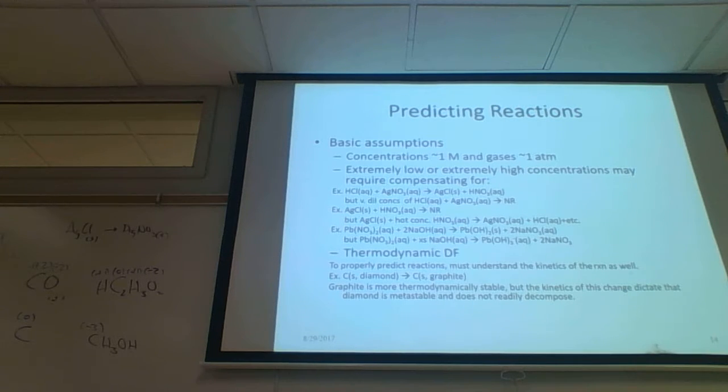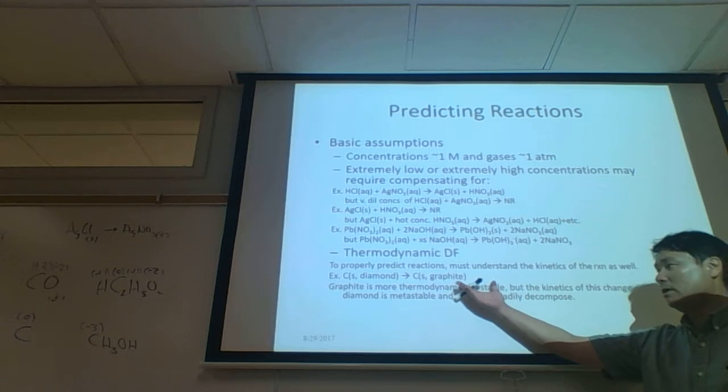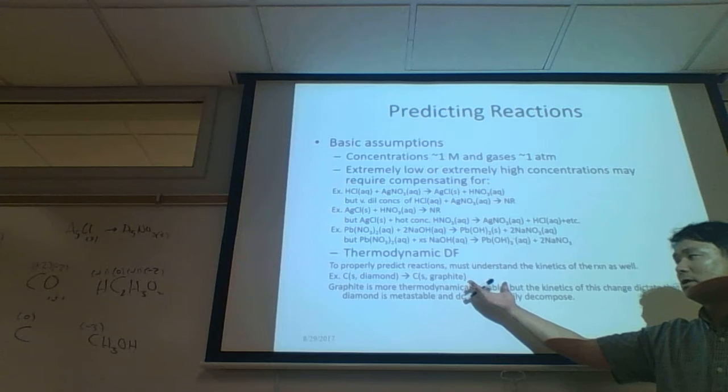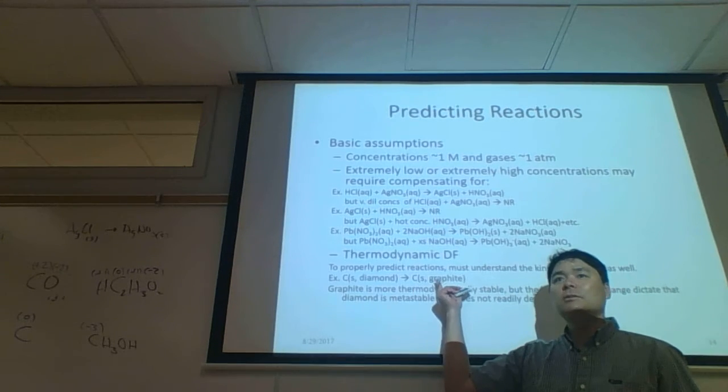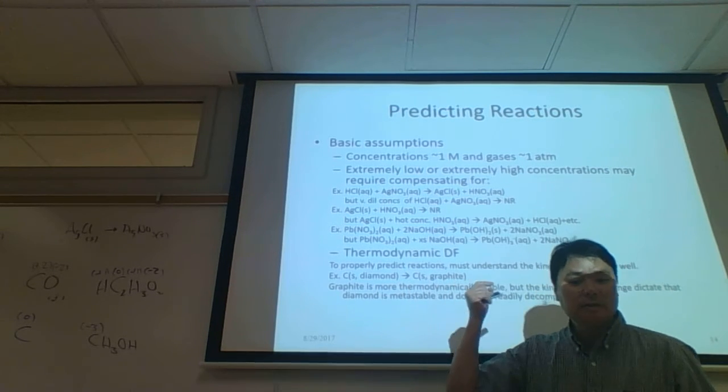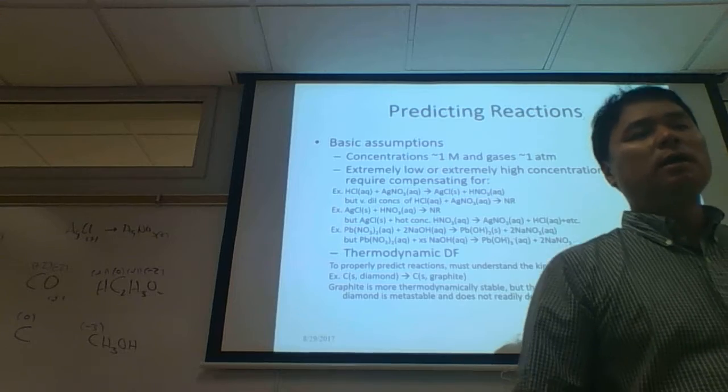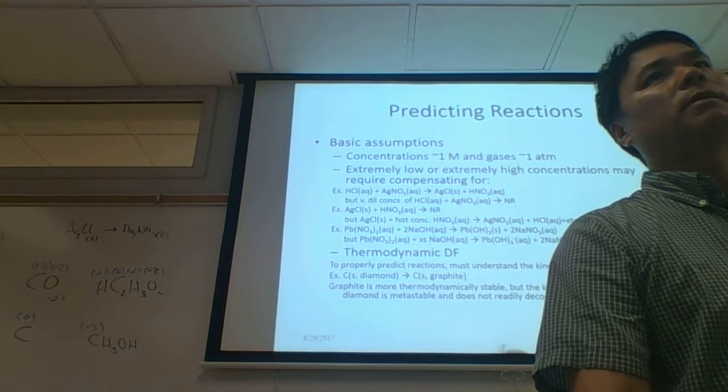The kinetics deals with how fast the reaction occurs. This reaction occurs so slowly, we don't have to worry about diamonds decomposing at all. And so we call this kinetically stable but thermodynamically unstable. Kinetically stable but thermodynamically unstable is given a special word. It's called metastable.